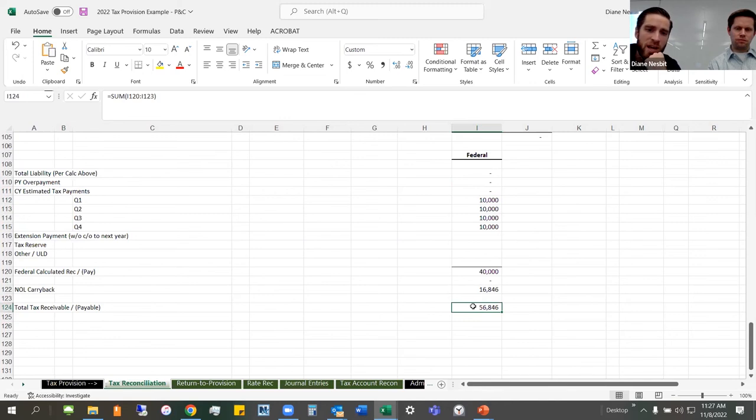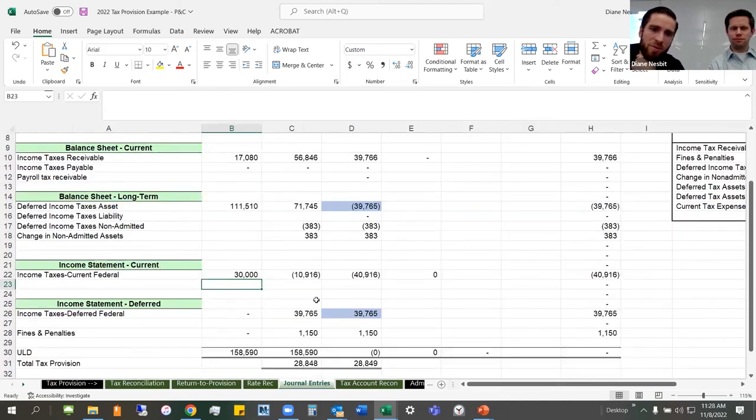And then once you figure that out, I guess you do in a sense back into the expense, because in order for this to be the balance sheet account, your expense needs to be a certain number. But that's kind of what we do over here.